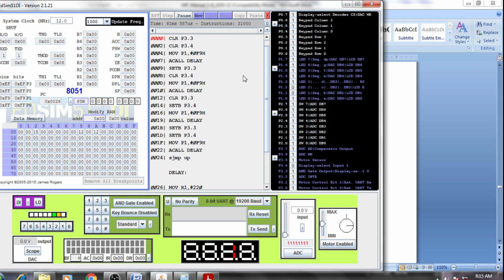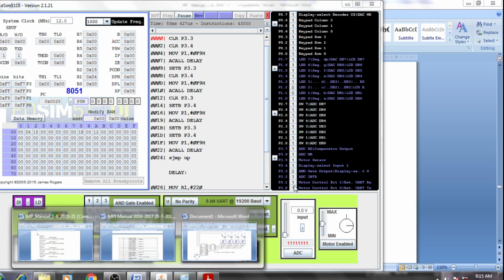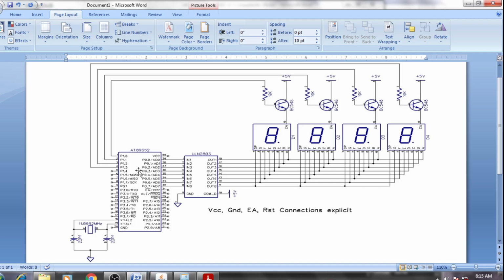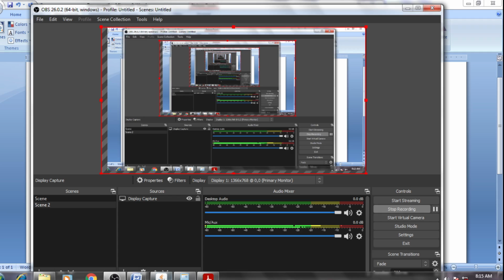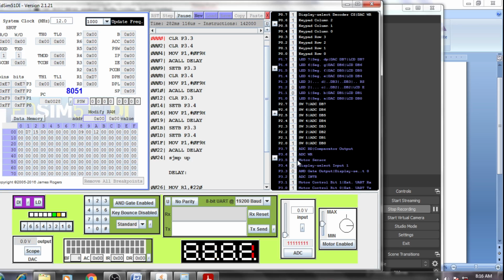Now in case you run it, you can see 1 is continuously displayed over all segments. If you look at the circuit, the microcontroller is putting 1 over those ports, and that 1 is passed to all the segments. Only a single port is utilized, and a single port is interfaced with all segments. So 1 is displayed on the first, second, third and fourth. But due to this simulator restriction, I cannot show you 1 on all segments.